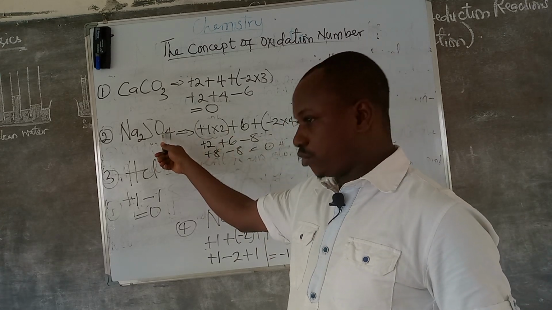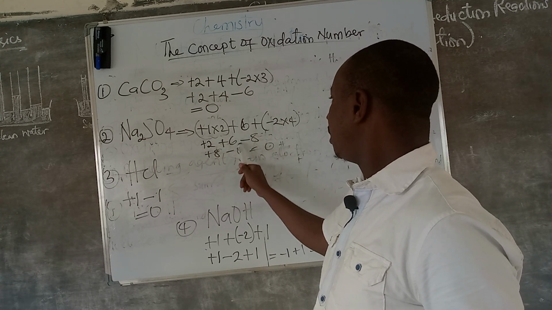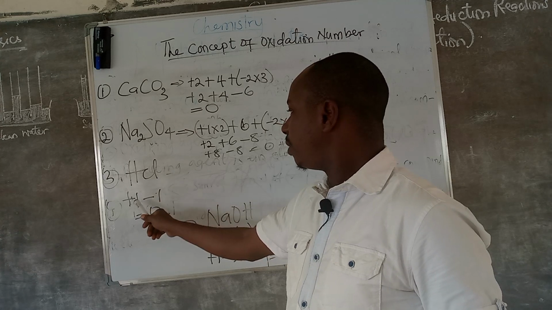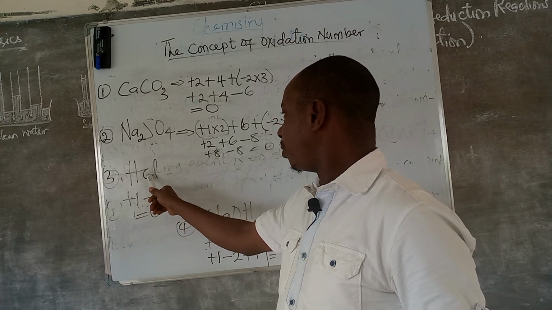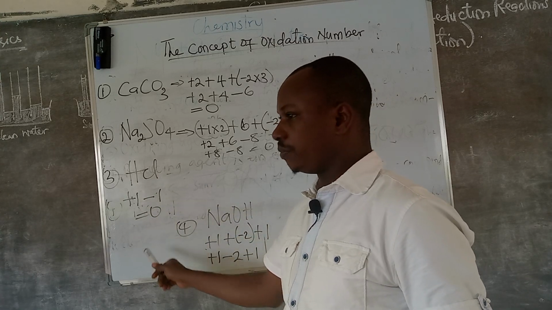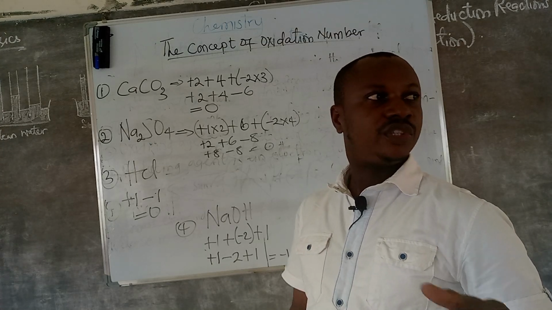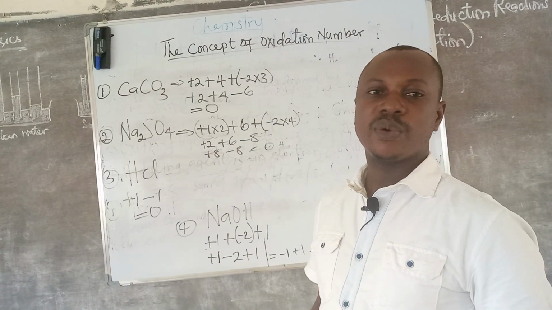Oxygen is always -2, remember our last rule? When you do all these things, you get 0. The same thing with HCl: hydrogen is +1 and chlorine is -1, so +1 minus 1 is 0. That proves that for every compound, the algebraic sum of the oxidation numbers is 0.